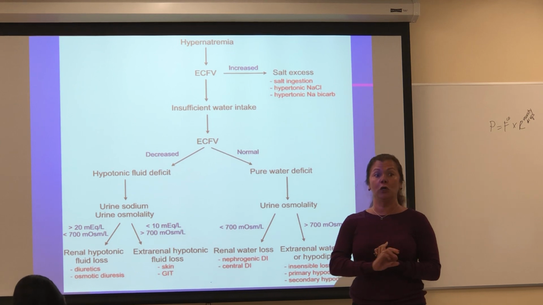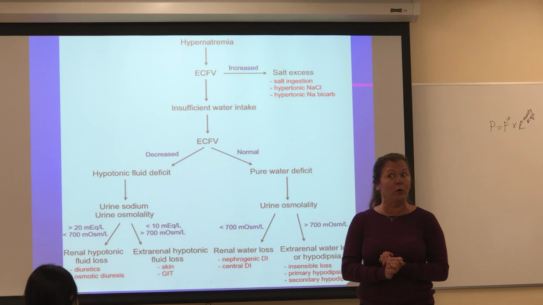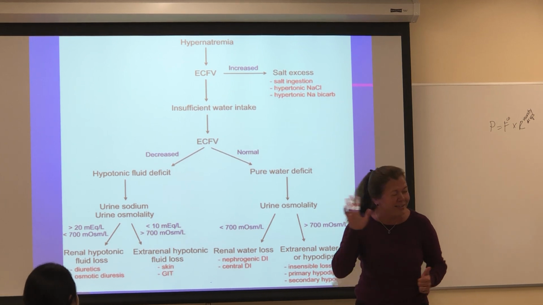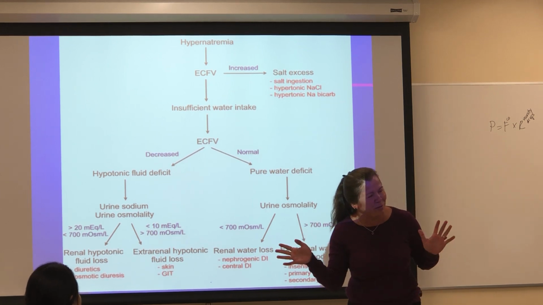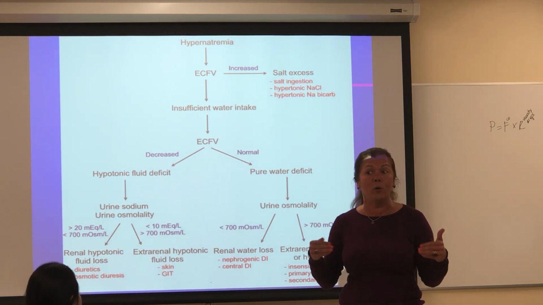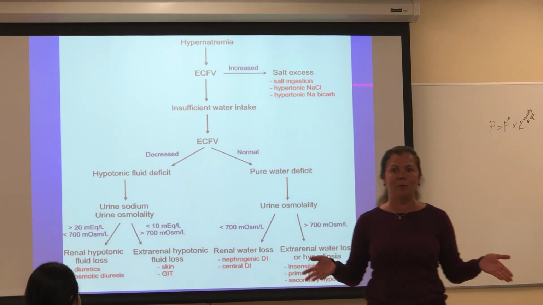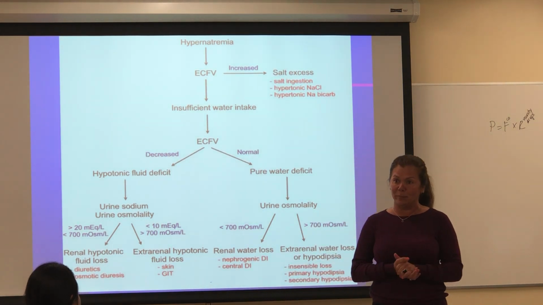Yes. And if your urine specific gravity is low, 1.010 to 1.020, remember, that's the normal value. If that is less than 1.010, you have a low urine osmolality and you have diabetes insipidus.